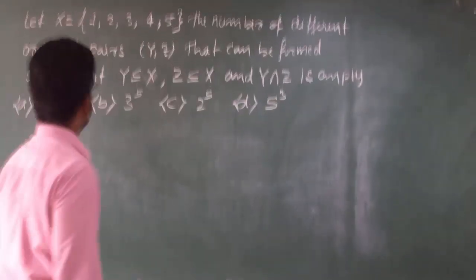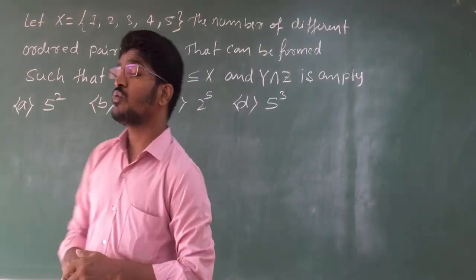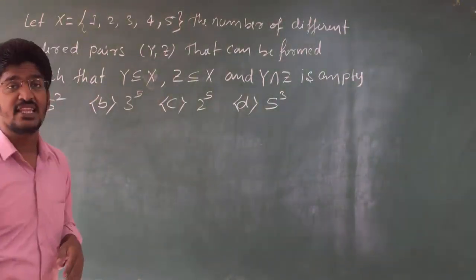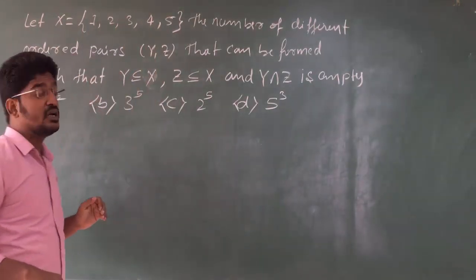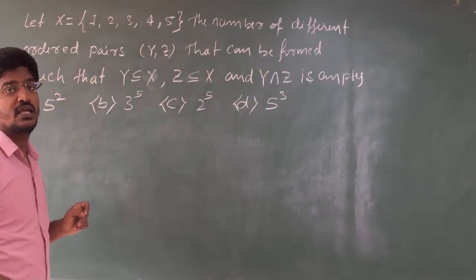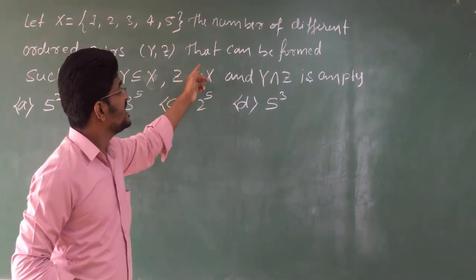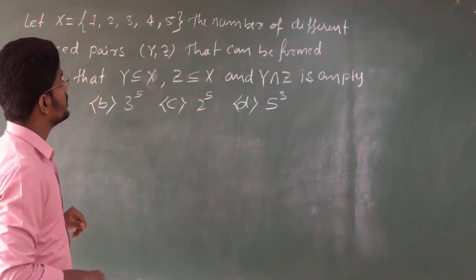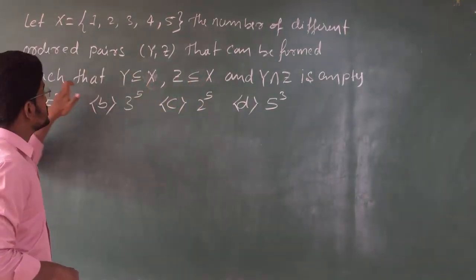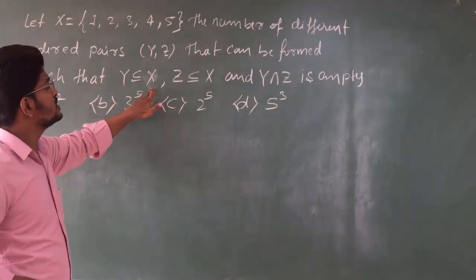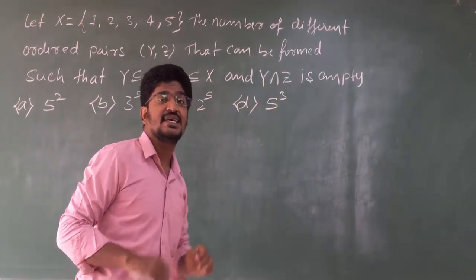Okay students. Now let us move to the next question. Let X be the set containing the elements 1, 2, 3, 4, 5. The number of different ordered pairs (Y, Z) that can be formed such that Y is a subset of X, Z is a subset of X, and Y intersection Z is empty.